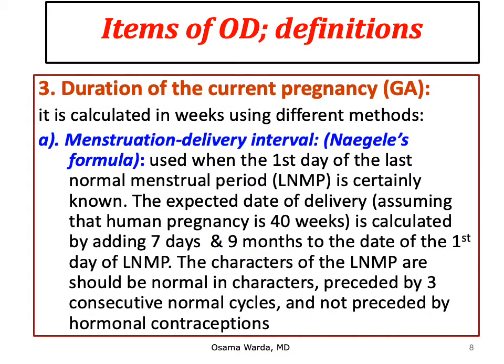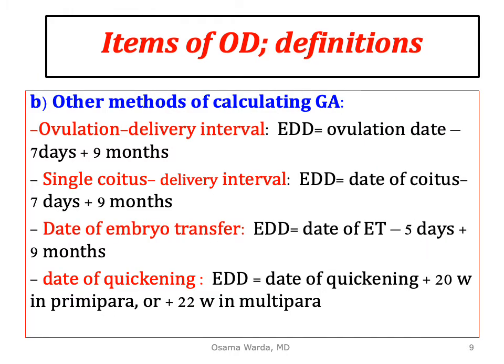Duration of pregnancy: we usually calculate it from the last menstrual period, and there are other methods for calculating the gestational age. Ovulation delivery interval: the expected date of delivery equals ovulation date minus 7 days plus 9 months.